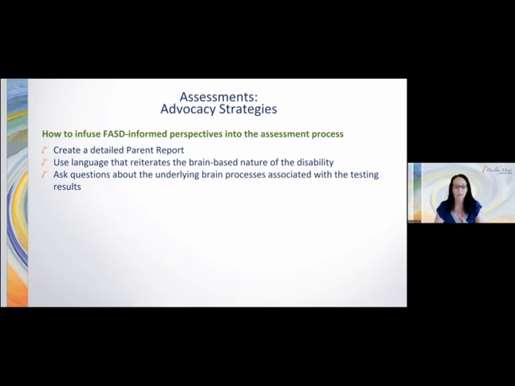And this information can also be used to decide which goals are needed, and we'll go into that a little further in a bit. And asking these types of questions facilitates effective translation of the assessment results into relatable descriptions of how your child processes information and then how that impacts their educational functioning.